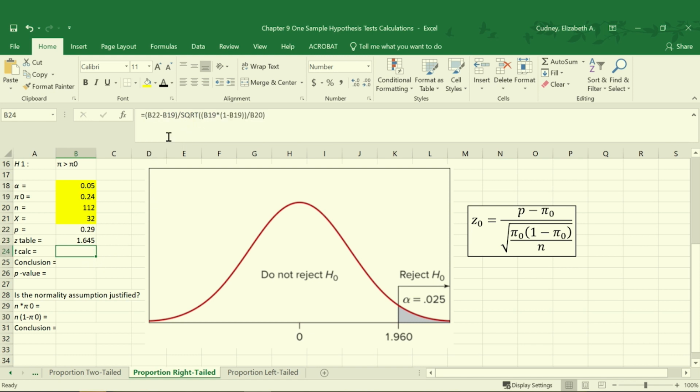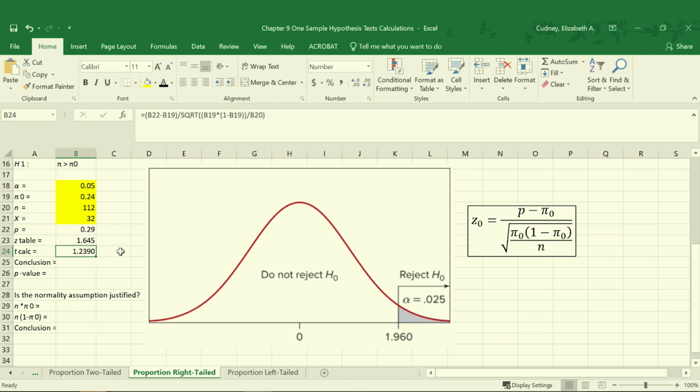Our t calculation will be calculated using our z statistic. We're going to take our value for p, which is cell B22, minus our pi naught of B19, and divide that by the square root of pi naught multiplied times 1 minus pi naught over our sample size of n.